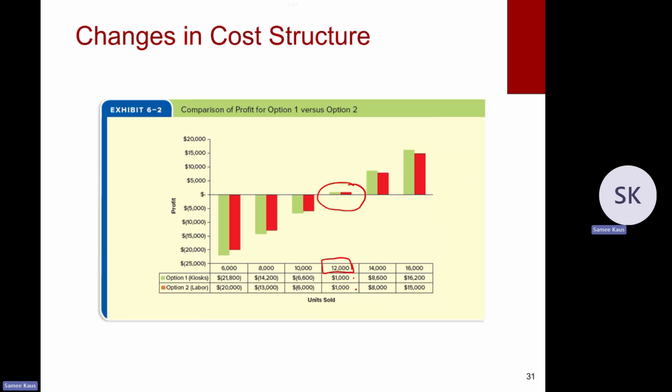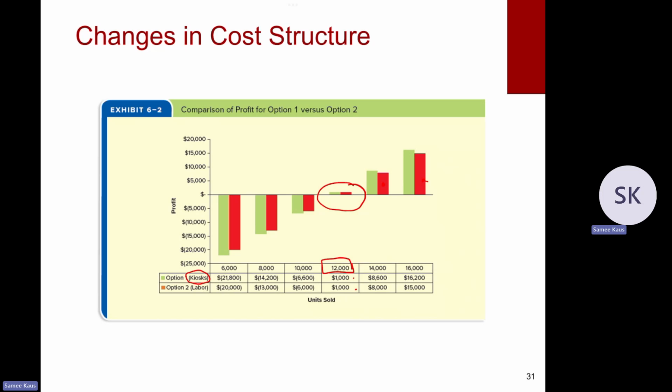Now it looks like under option 1, I'm going to start generating more profit after that break-even point. I'm going to generate more profit under option 1 because this has been fixed. My kiosks are fixed. Remember, under option 2, now I'm on the hook for all of these variable costs per unit that is increased.